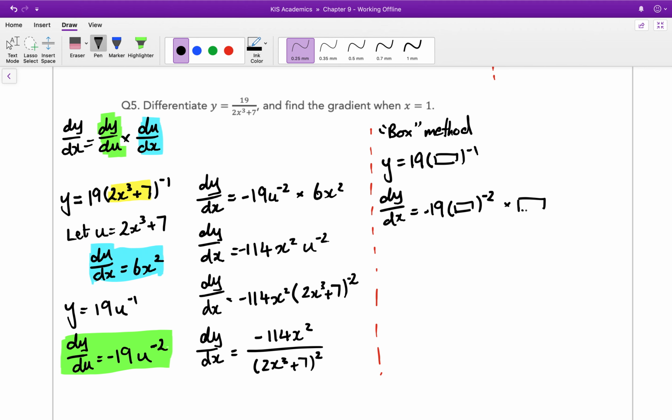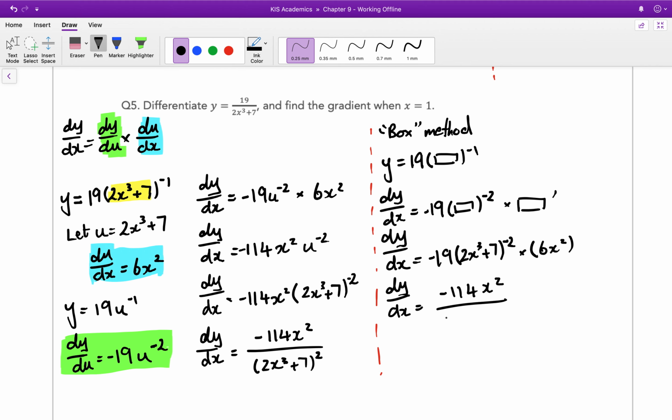And then we need to multiply by the derivative of the box. Once we do this, substitute 2x cubed plus 7 back into our boxes. So now we have dy dx is equal to negative 19 times 2x cubed plus 7 to the power of negative 2 times the derivative of this function, which is 6x squared. And we can see that after this step, it's exactly the same as where we were over here. So we know that dy dx is equal to negative 114x squared over 2x cubed plus 7, squared.